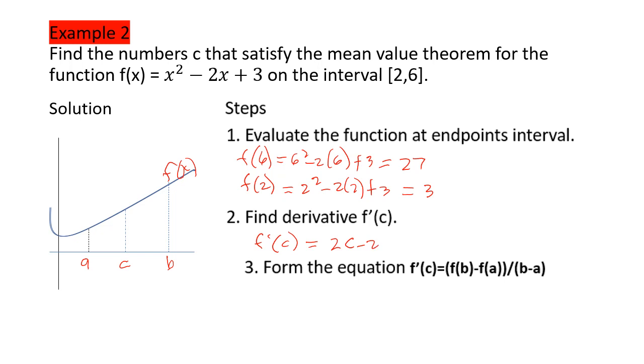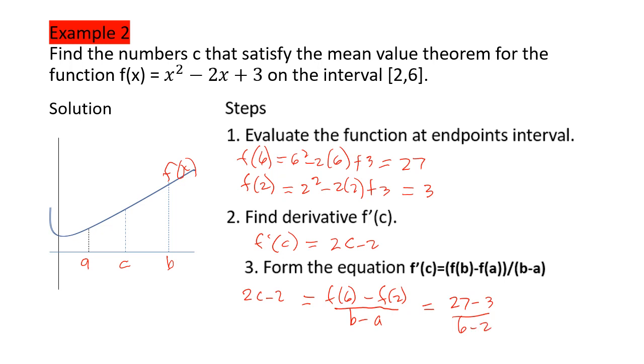The equation is this one: 2c minus 2 equals f of 6 minus f of 2 all over b minus a, equals 27 minus 3 all over 6 minus 2.